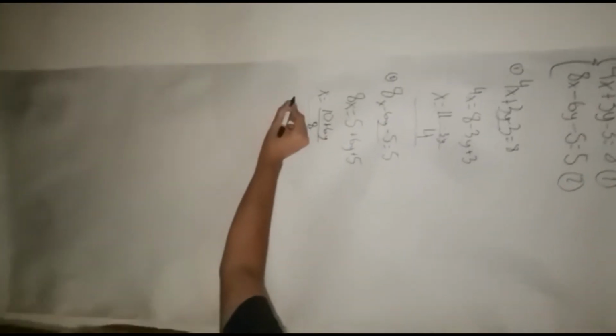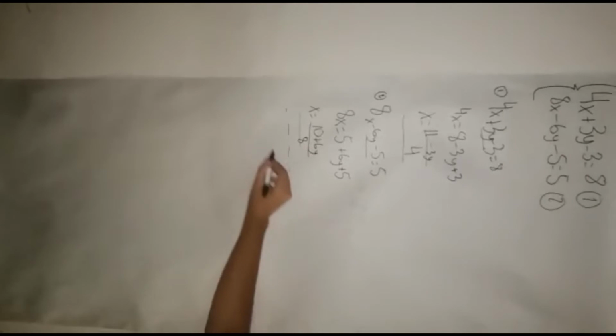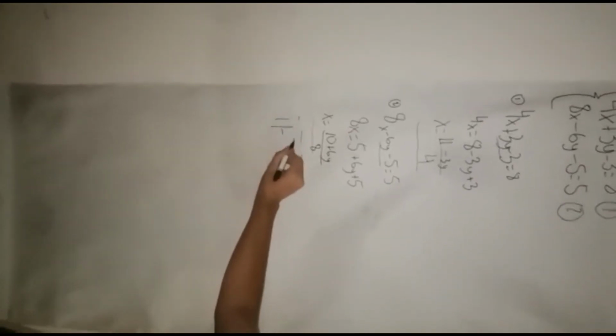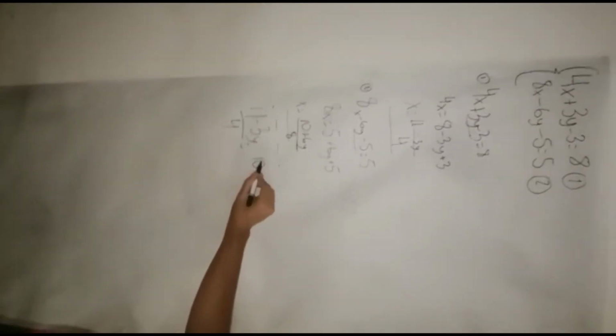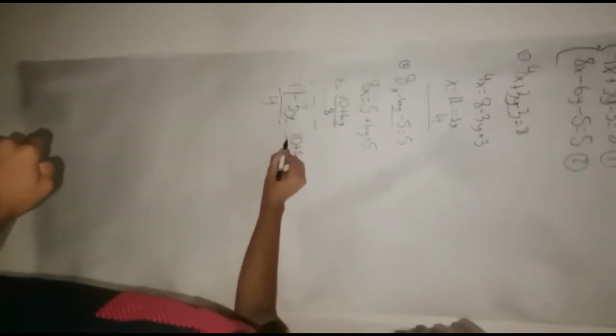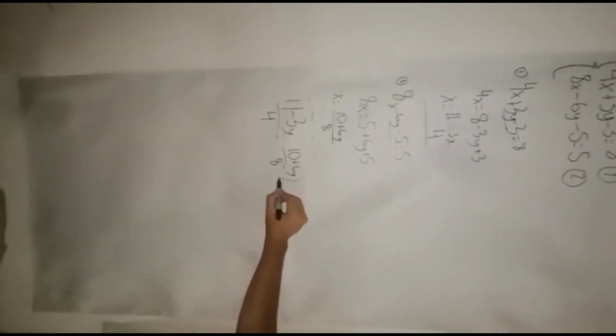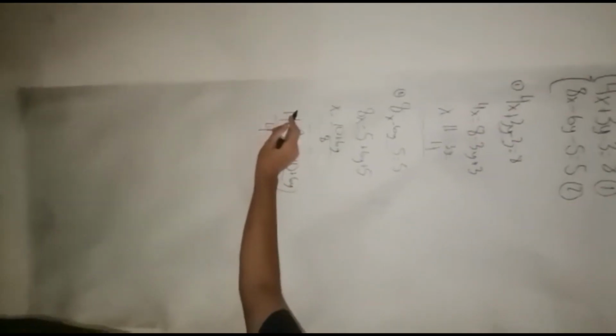I do not know how to say it, but those two expressions were left. We're going to match them. It would be so: 11 minus 3y over 4 equals 10 plus 6y over 8. To make them equal, we're going to multiply by a number that both divide. What would it be in this case? 16.